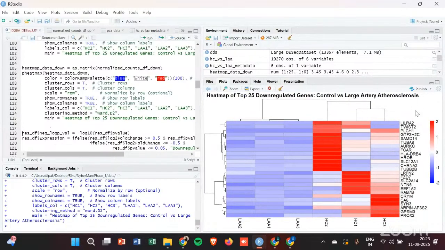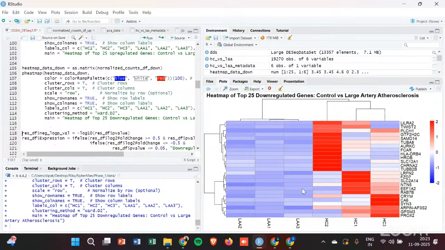Now we have pointed out that the top 25 upregulated genes as well as the top 25 downregulated genes are able to differentiate between my two conditions. Even if barely, it is still able to do it. If my data would have been much better, I would have seen much better clustering here.